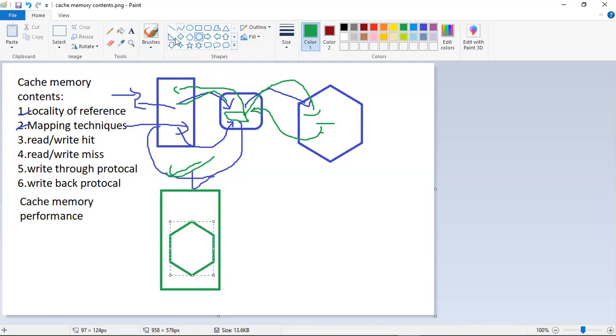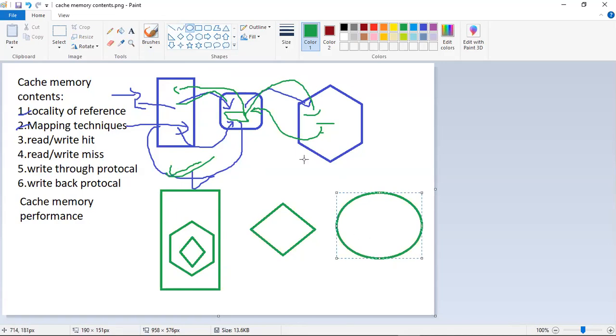Within the processor also, there is one cache memory available. And there is another cache memory, and this is the main memory.